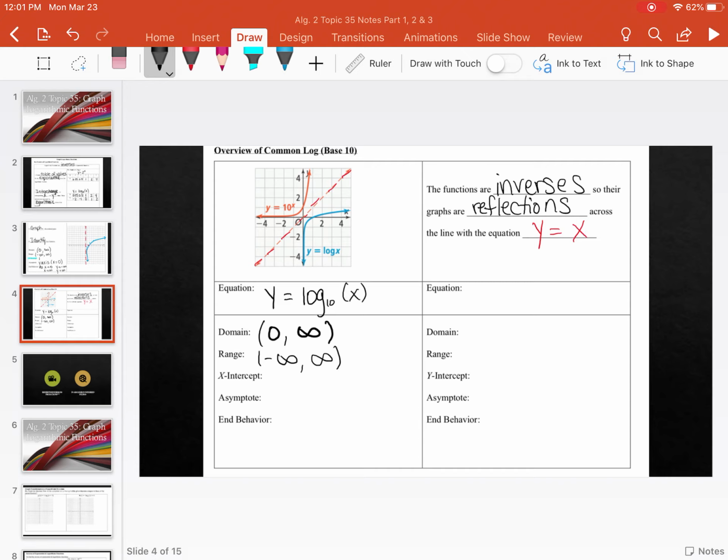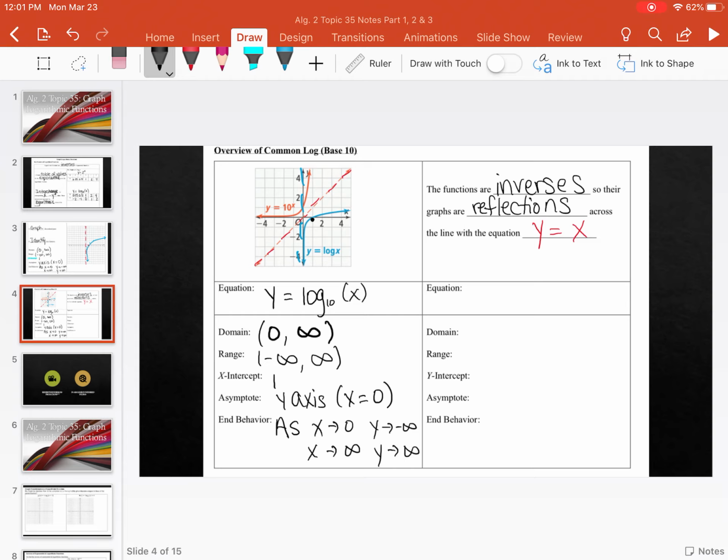Our x-intercept is at 1 right there. Our asymptote is still at the y-axis, when x equals 0. And for our end behavior, as x goes to 0, y goes to negative infinity, and as x goes to positive infinity, y goes to positive infinity.